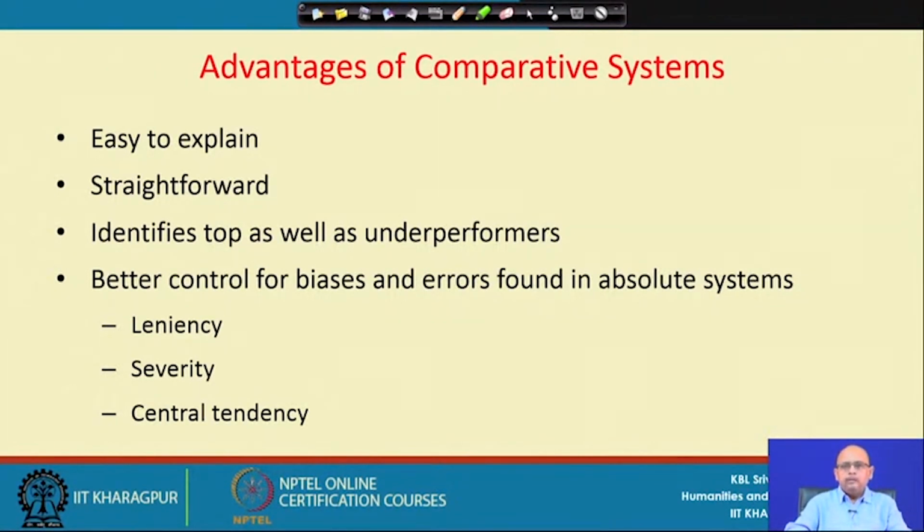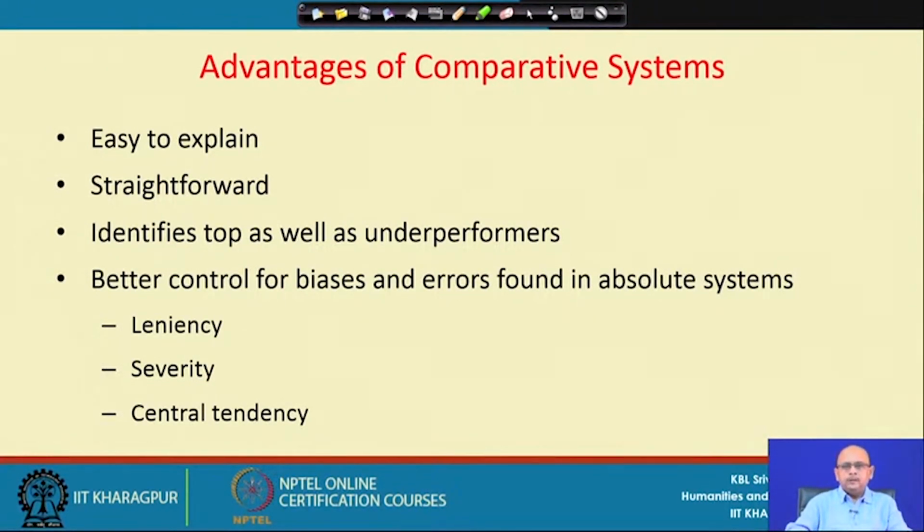You compare the performance of one person with another, and accordingly you decide whether the performance is good or bad. That is the advantage of comparative systems, but in the case of absolute systems that is not there, because once you have identified a standard, you have to go by it irrespective of the characteristics of the sample or the class.